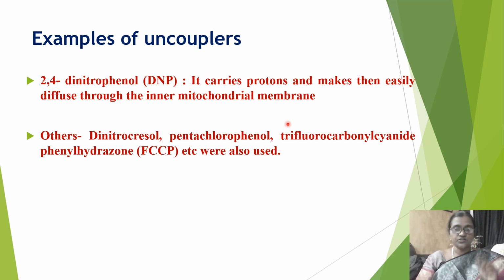As such, the inner mitochondrial membrane should be impermeable to the protons, thereby contributing to ATP synthesis as the protons are being pumped from the inner mitochondrial membrane to the matrix via F0F1 ATP synthase, right? But here, because the membrane is becoming permeable, the protons are just diffusing through the inner mitochondrial membrane.